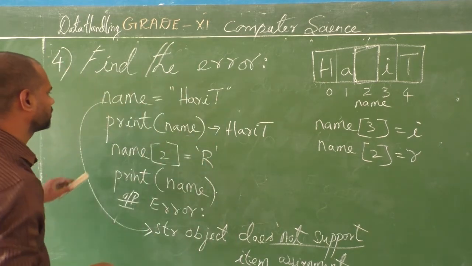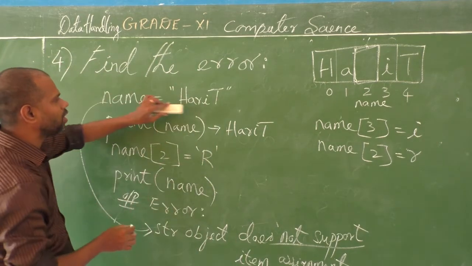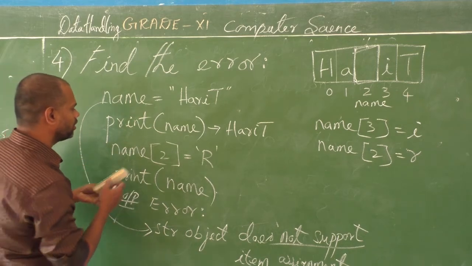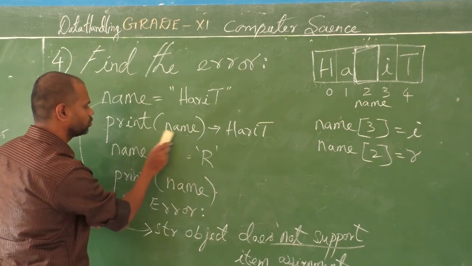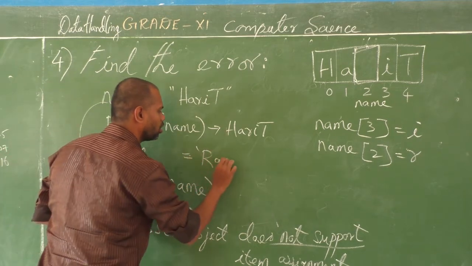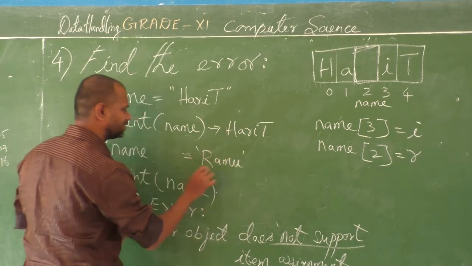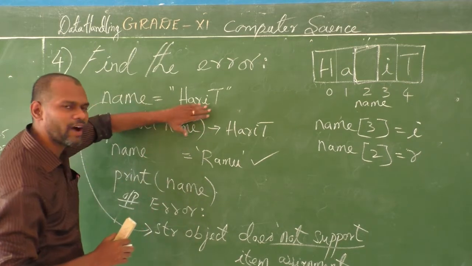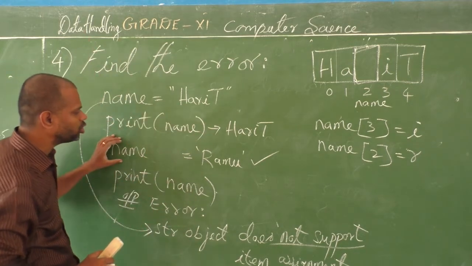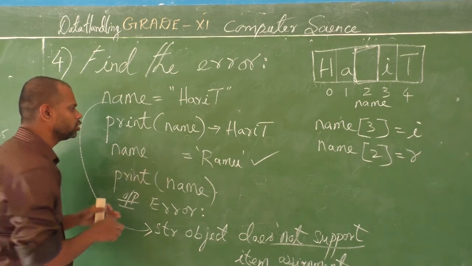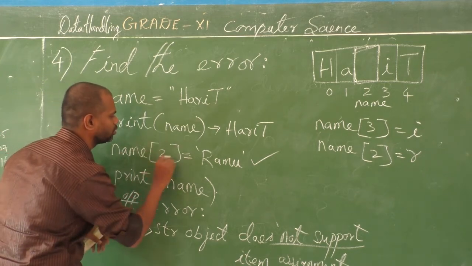So what I am trying to say is very simple. Name is equal to Hari T. Then if I give name is equal to Ramu, this is perfectly okay. I have completely thrown away the value Hari T and given the new name Ramu. Absolutely no problem. But here you should not mention an index like 2 or 3.